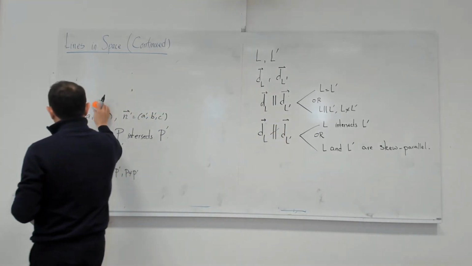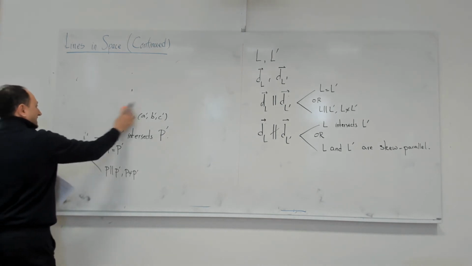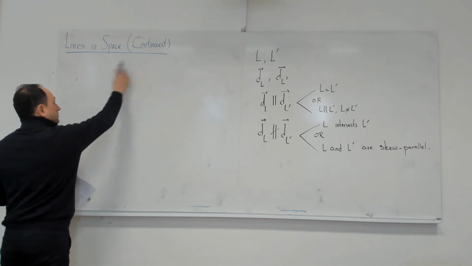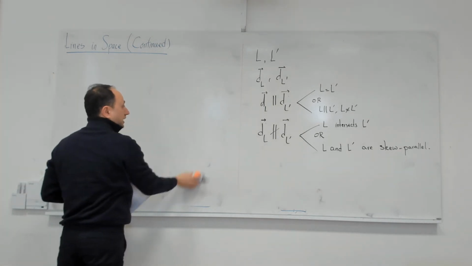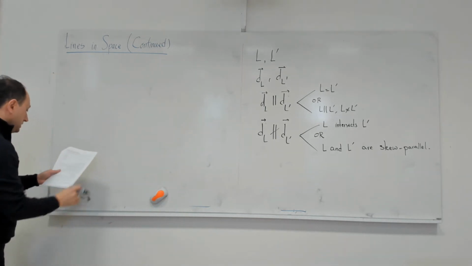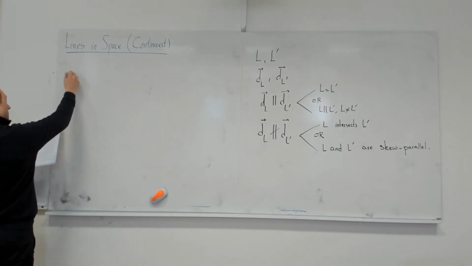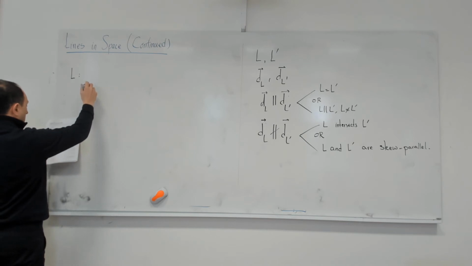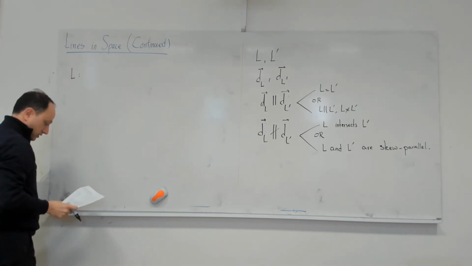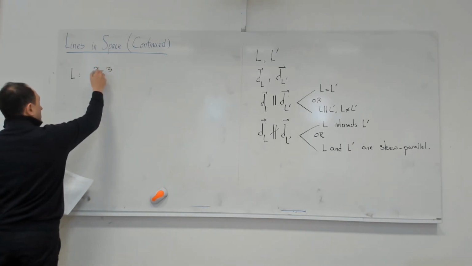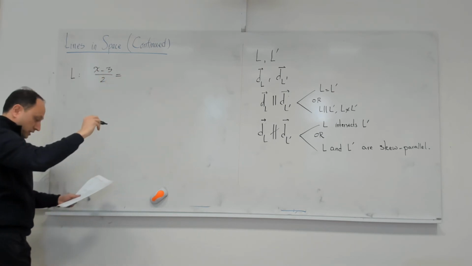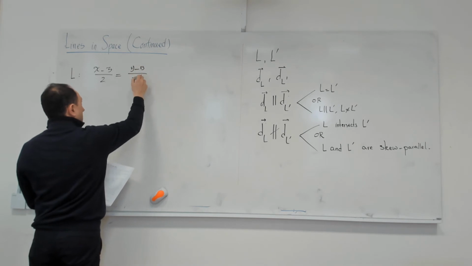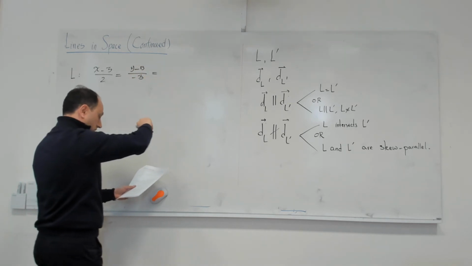Okay, so let me write some equations. It needs a little bit of care here. We have to be careful, so make sure that you really know what to do practically. I give you line L: (x minus 3) divided by 2, equals (y minus 5) divided by minus 3, and this is equal to z minus 1.